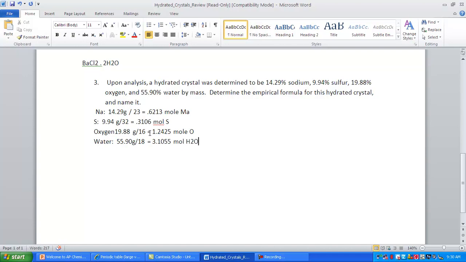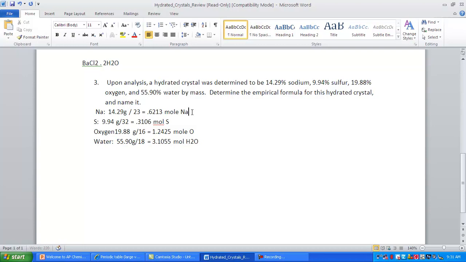Now, the strategy for turning these into whole numbers to work it into a formula. As we skim through the entire list, we want to find the smallest number and divide them all by the smallest number. When I look over the list, it looks to be coming from sulfur.